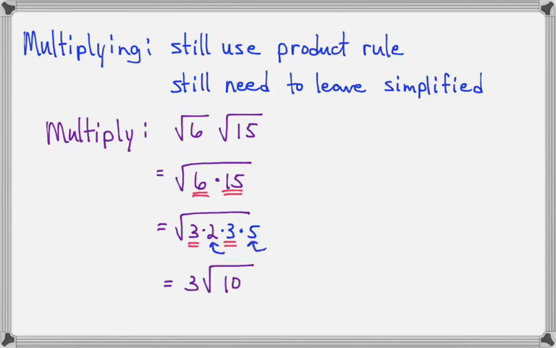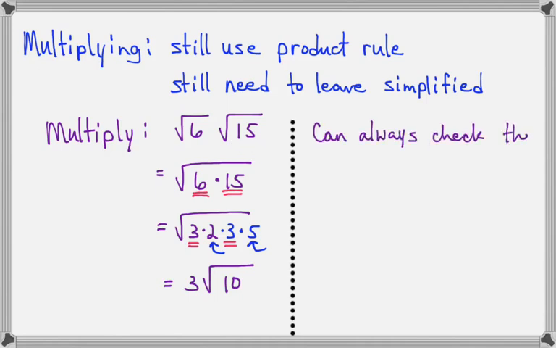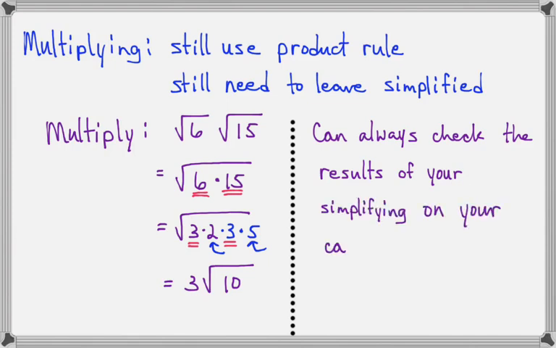Together, 5 times 2 makes 10. So 3 times the square root of 10 is what I get when I do square root of 6 times square root of 15. Again, I've said it a few times before, you need to verify that 3 square root of 10 is the same decimal number as square root of 6 times square root of 15.